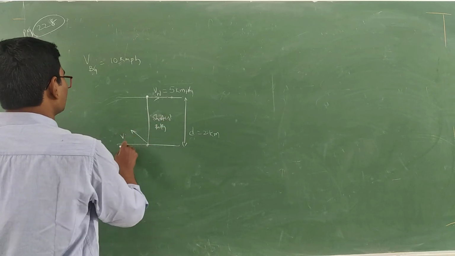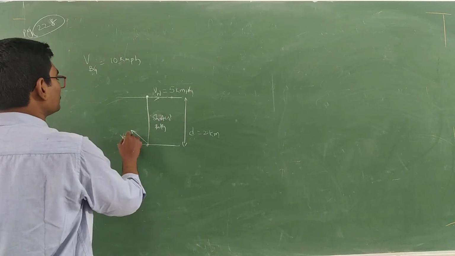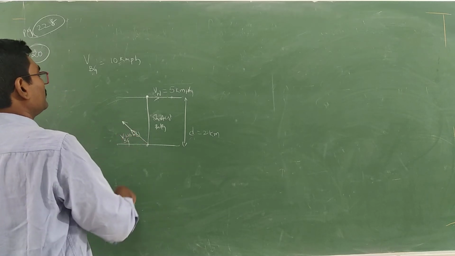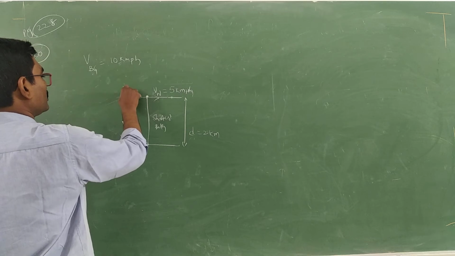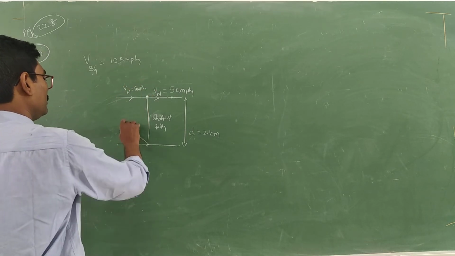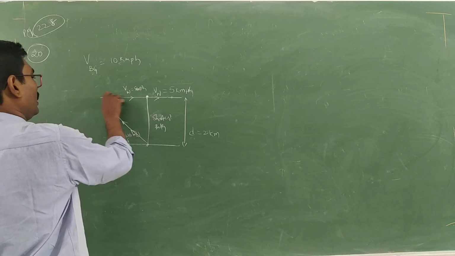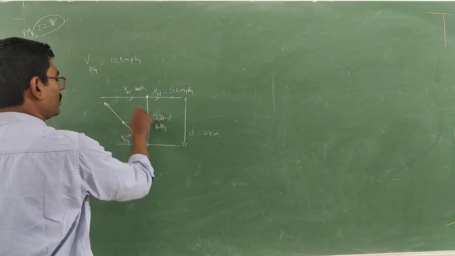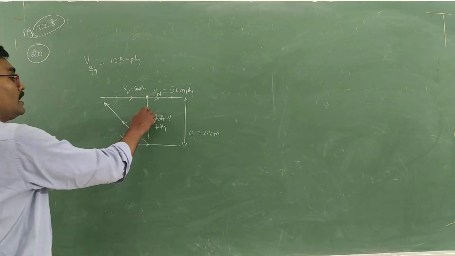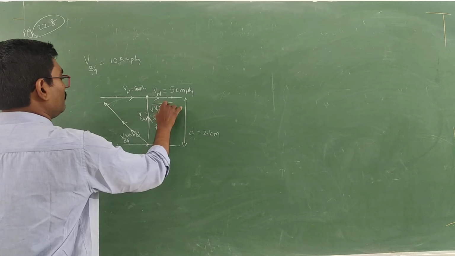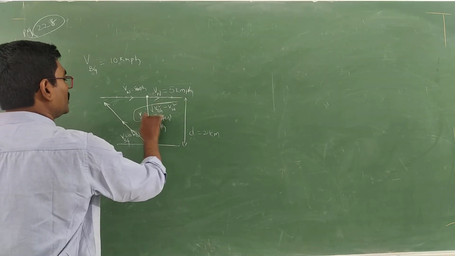So the aiming direction of the person, VBG, is in this direction, 10 kilometer per hour. The velocity of water is 5 kilometer per hour in this direction. Now I want to calculate this, the velocity of boat with respect to water. What is this value? Square root of VBG square minus VW square. Correct or not?